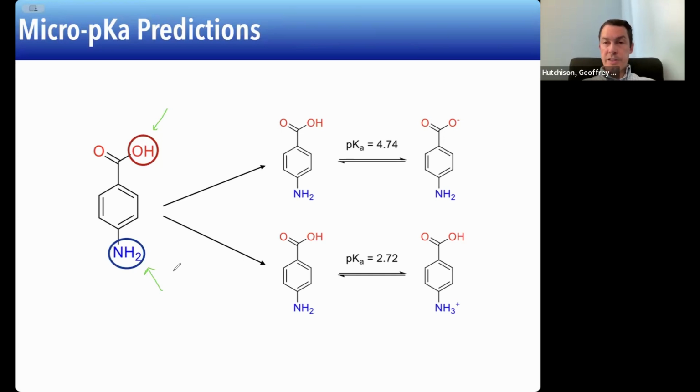This particular species can undergo both, and you'd want to know the pKa, for example, of the amine is around 2.7, and the pKa of the carboxylic acid is around 4.7. So that's the goal, right? We want to put together some machine learning method that takes the molecular graph, the molecular species, and then predicts the pKa of any acidic or basic sites on the molecule.